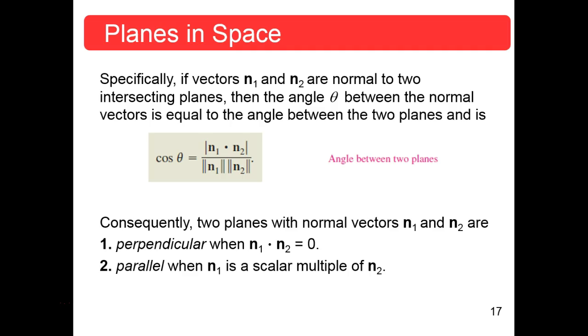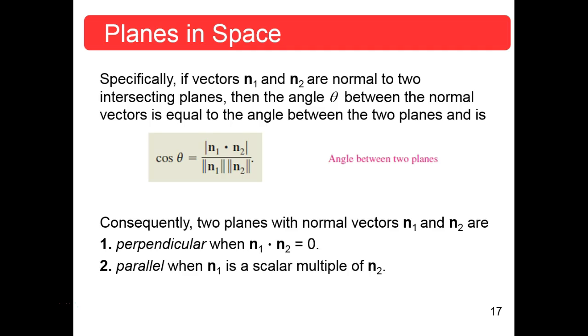Consequently, two planes with normal vectors N1 and N2 are perpendicular when the dot product of the normal vectors is zero. They're parallel when N1 is just a scalar multiple of N2. In other words, they're along the same line.